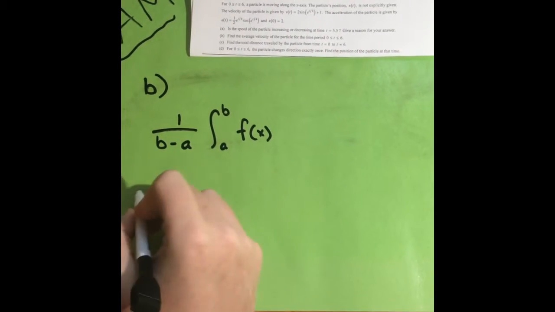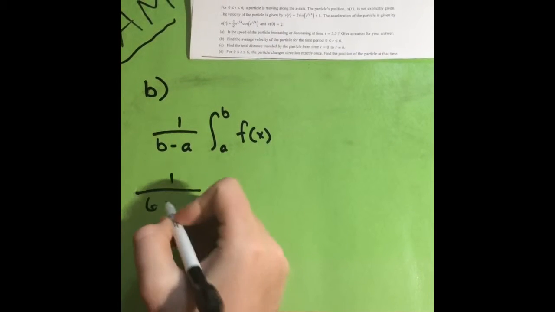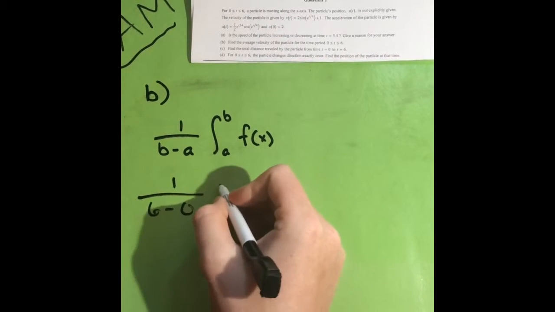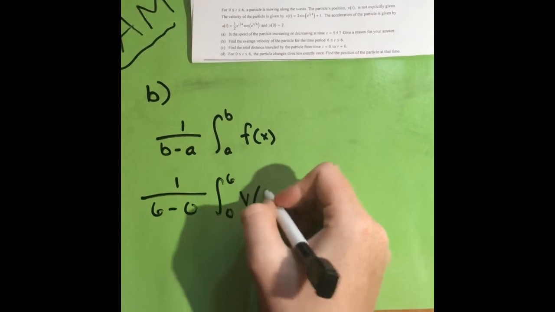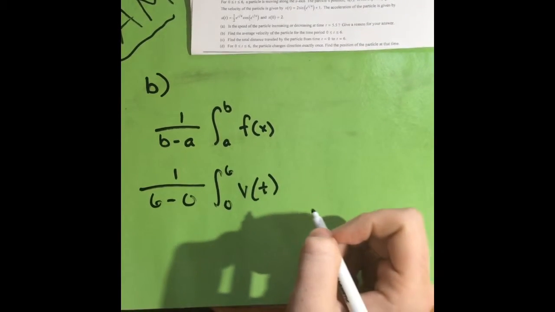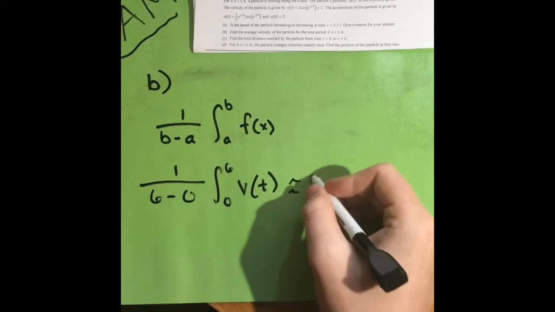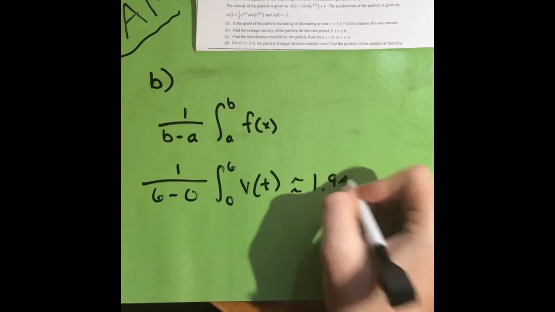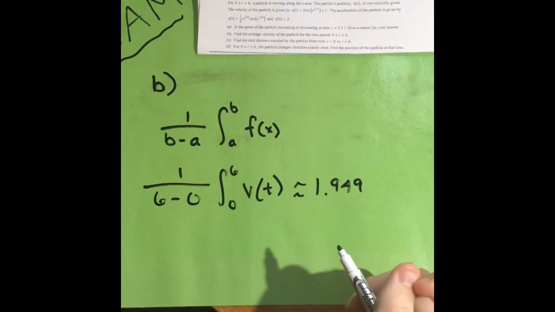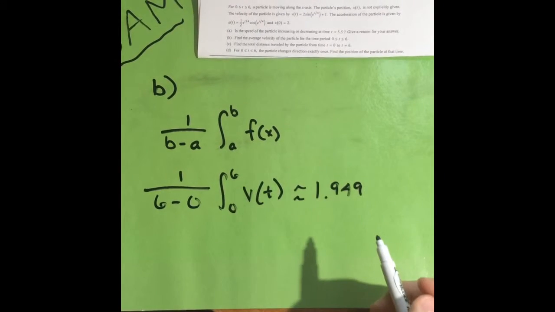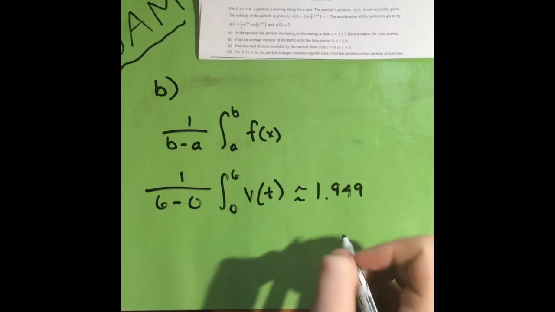So, using that equation, we're going to use 0 to 6 of v of t, and we get an answer of approximately 1.949, plugging this into your calculator. So that is the average velocity of the particle for the time period from 0 to 6.